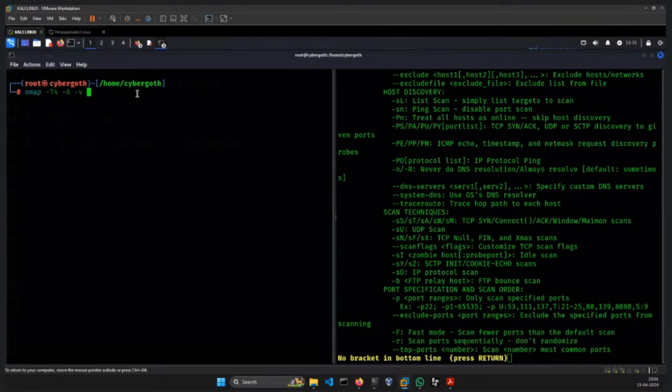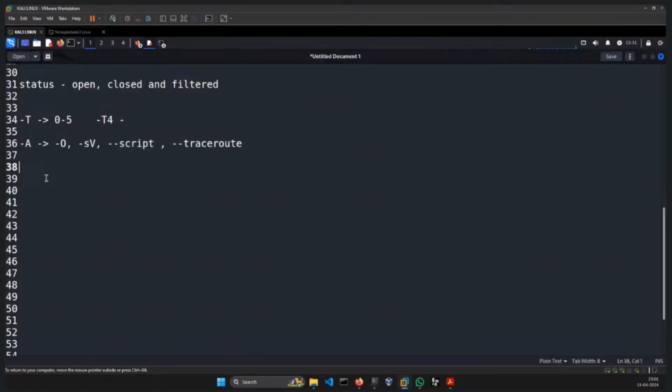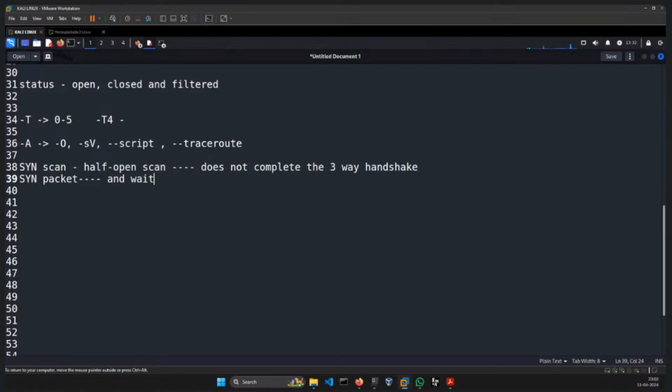This type of scan, the SYN scan, is also called the half-open scan, because it does not complete the three-way handshake. First it sends the SYN packet and waits for the SYN-ACK, but won't send the ACK in return.